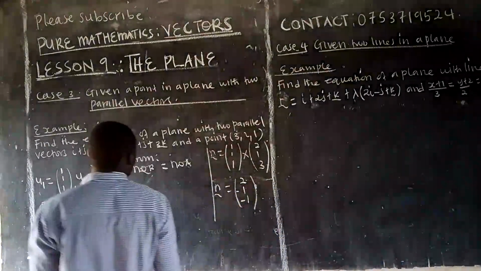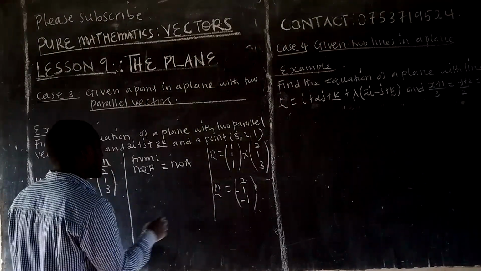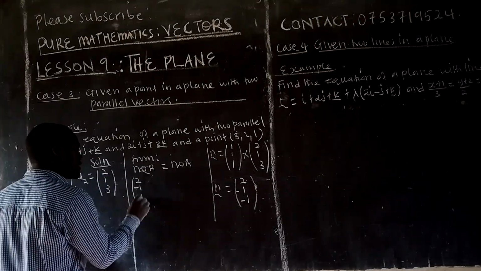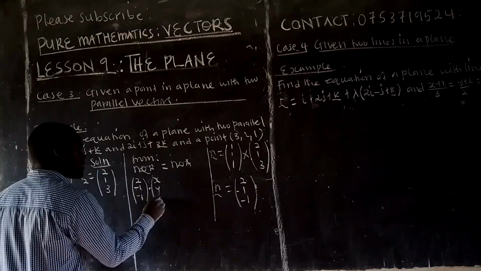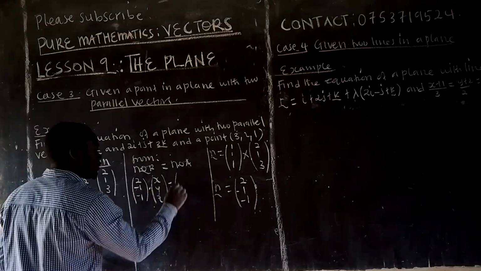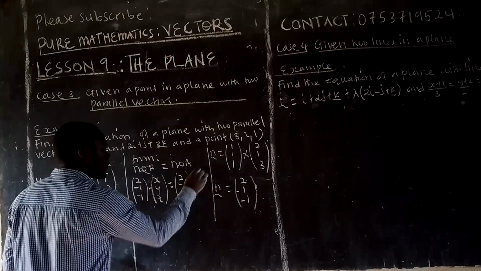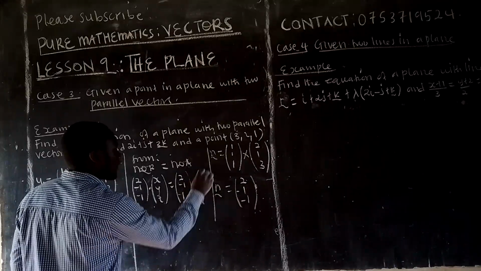Okay, good. So here, I'll now say n dot r equals n dot a. So this will be equal to (2, -1, -1) dot (x, y, z), which is equal to (2, -1, -1) dot OA. OA is a point on the plane which is (3, 2, 1).